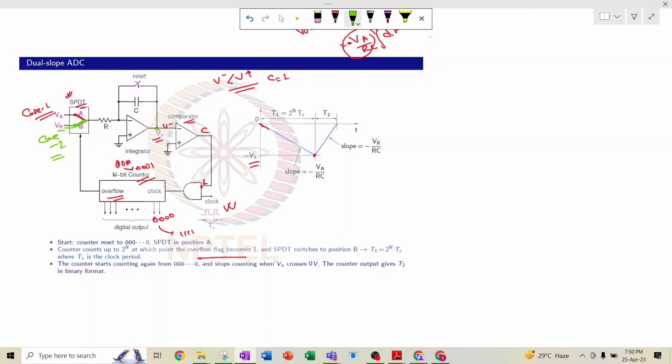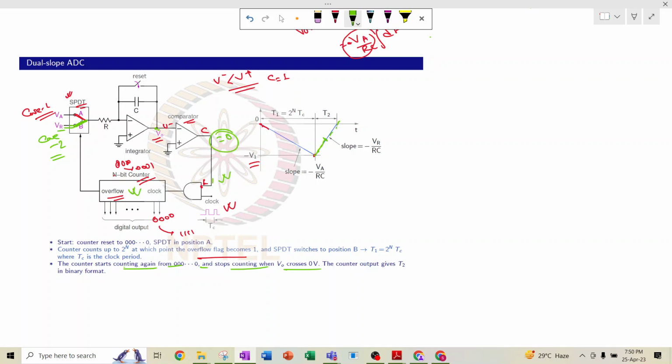Again the counter starts counting from 0000 and stops counting when v0 crosses 0 volt, because now vr is connected, but this vo will start to increase. Till now it is less than 0, and whenever it is greater than 0, only then it will generate 0 at the output, and that will stop the counter.